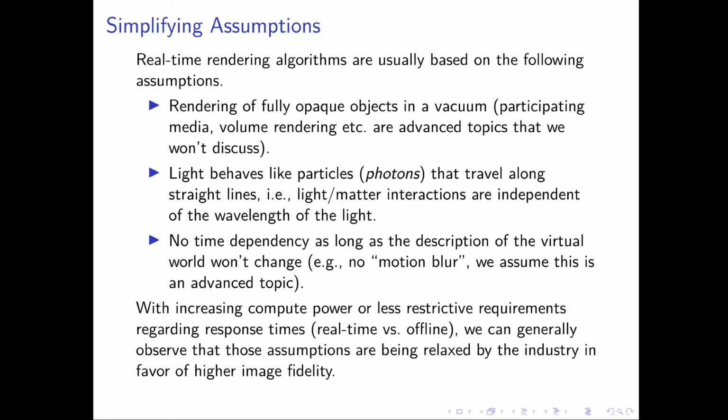We agree that we want to achieve a frame rate of 30 frames per second, for instance, and then we fix that frame rate and lift some of those restrictions. That means that in the rendering industry, with more compute power, more cores, more transistors, what we usually see is an increase in image fidelity while keeping frame rates or processing times.